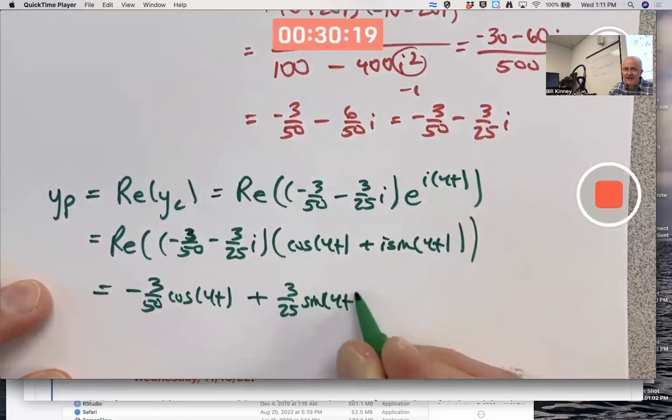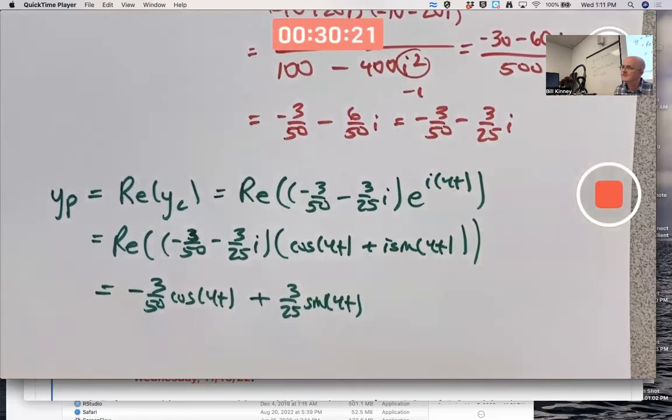And there we have it. That's the same YP as before. Like magic, right? Blows your mind here. No, it's not magic. The textbook does go into the reasons why this works. Just feels like magic.